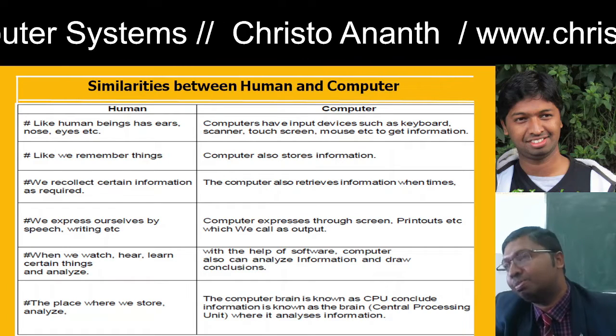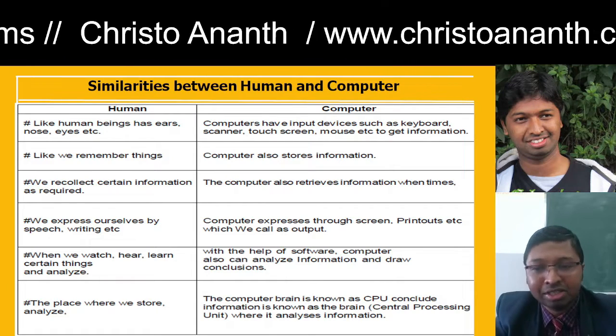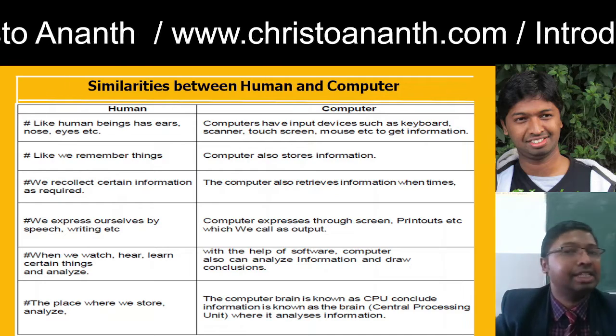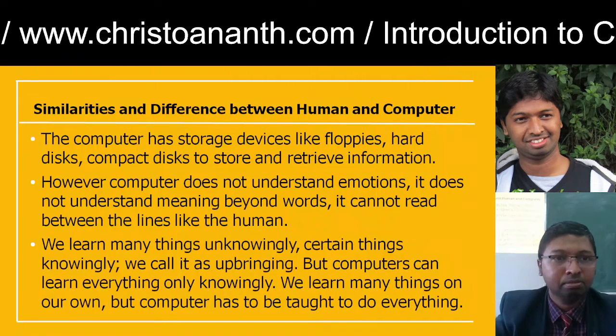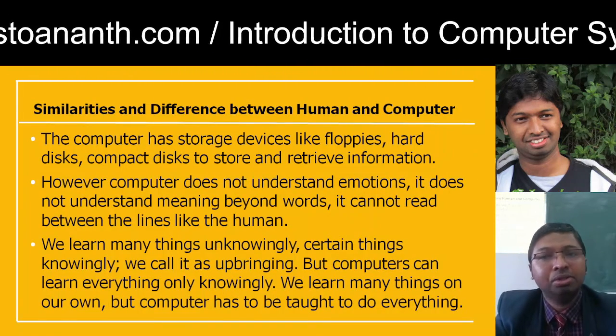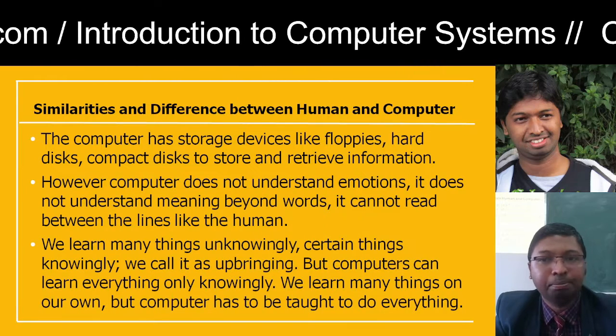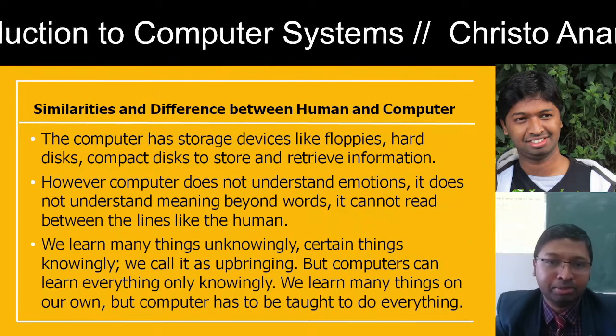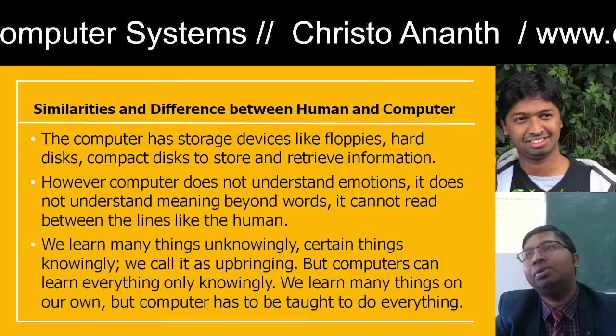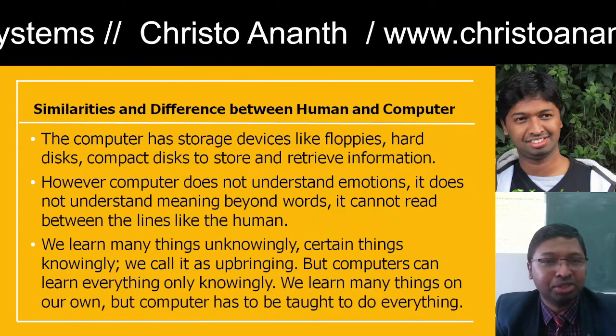CPU is the computer's brain, where it can process all the instructions and analyze the information. So computer, as I told you, has floppy disks, hard disks, compact disks to store as well as retrieve information. Computer does not understand emotions.